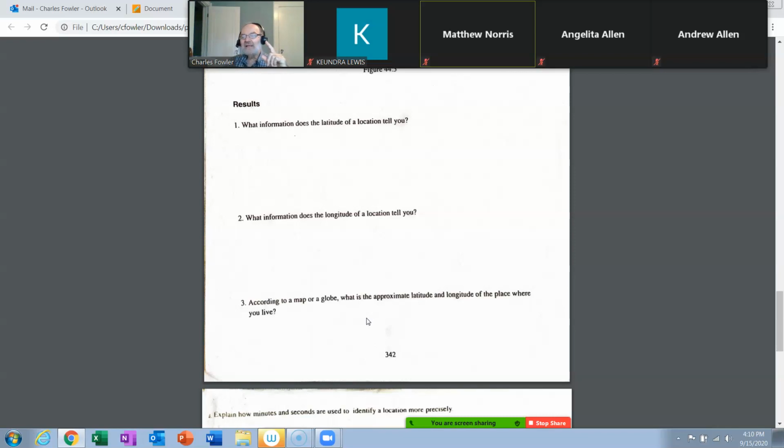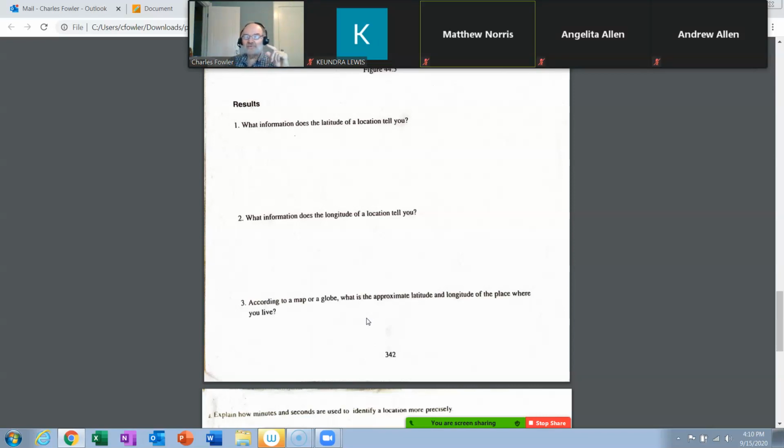Now, if you do go to some sites on the internet, they may give it differently. They may give pluses if you're north of the equator, negatives if you're south of the equator. So if you run into a place like this, convert that: if it's a plus latitude, make that north. If it's a negative latitude, make that south.